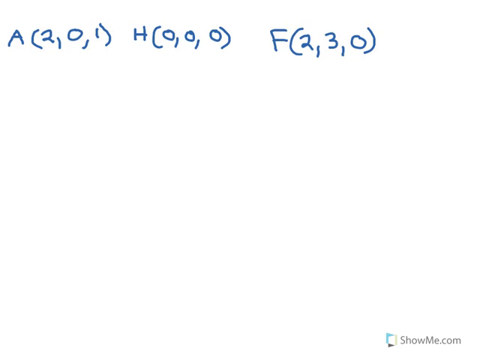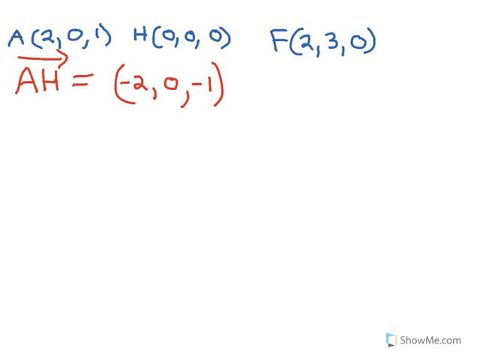You can choose any combination of 2 points, so I'm going to do the vector from A to H first. To do that we just take the coordinates of H and subtract the coordinates of A. So 0 minus 2 for the first coordinate is minus 2, 0 minus 0 is 0, and 0 minus 1 is negative 1. So that's the direction vector AH.